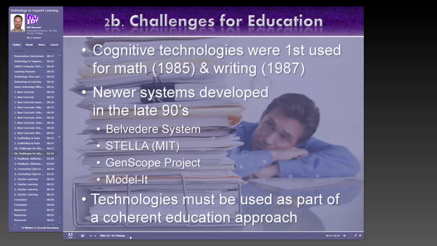The Belvedere system, for example, is designed to teach science-related public policy issues to high school students who lack deep knowledge of many science domains, have difficulty zeroing in on the key issues in a complex scientific debate, and have trouble recognizing abstract relationships that are implicit in scientific theories and arguments.